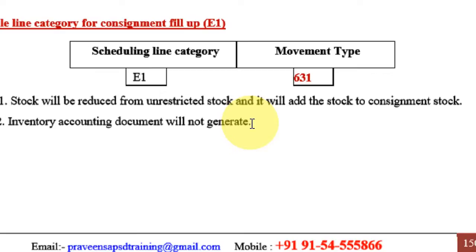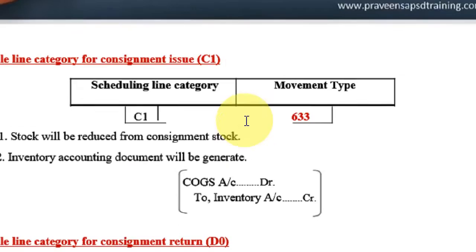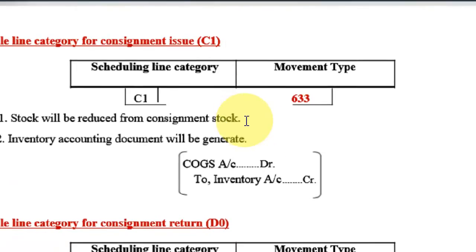As it is not sold yet, and the CSA does not have any ownership of this, that's the reason the accounting document is not generated. The accounting document will generate when we do consignment issue. That means we are selling the goods to the end customer, so the ownership is transferred from the company to the end customer. So at that time, cost of goods sold account debit to inventory account credit.